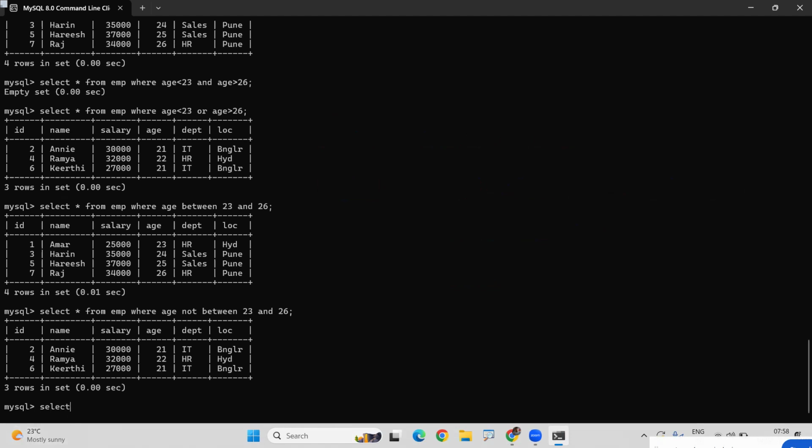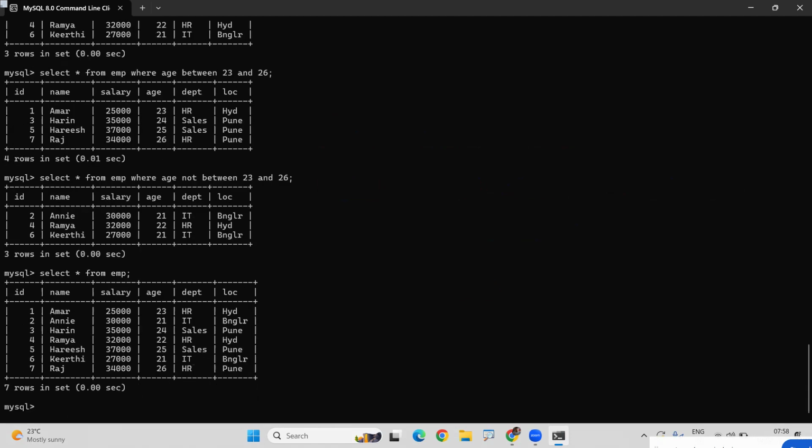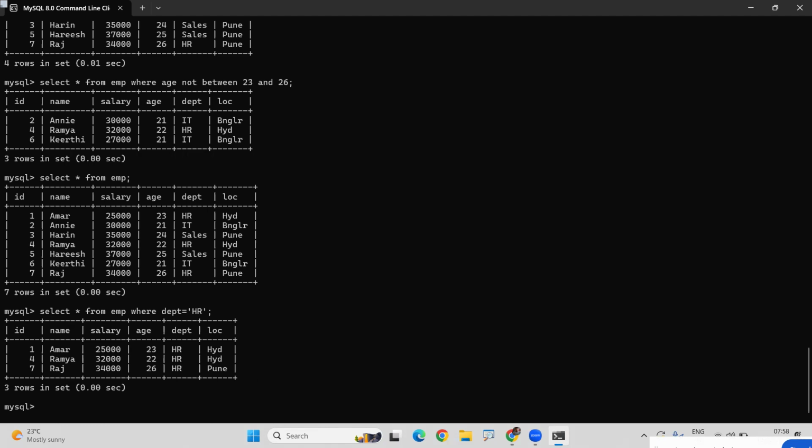Look at this. SELECT * FROM employee. Sir, I just want to display the employees who belong to the HR department. How do you write it? SELECT * FROM employee WHERE department = 'HR'. We write like this.